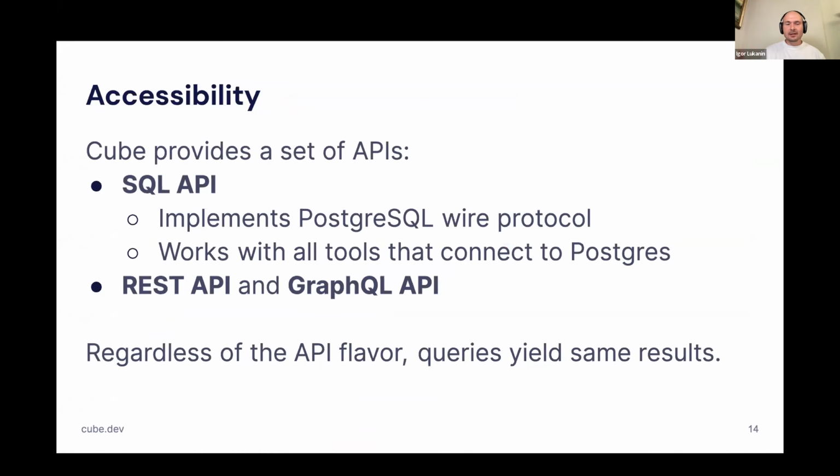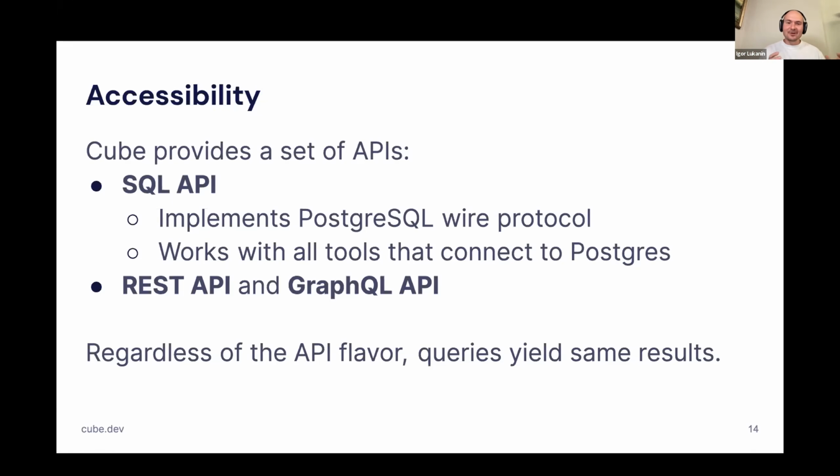Okay, and in terms of accessibility, what Cube has is a set of APIs. If you're thinking of replacing Looker and using Cube with a BI tool like Superset, you're surely interested in the SQL API. This is one of the APIs that Cube exposes, and the great thing about it is that it implements the Postgres wire protocol. Basically, for any data consumer, any BI tool, any data notebook, it looks and behaves as a Postgres database.